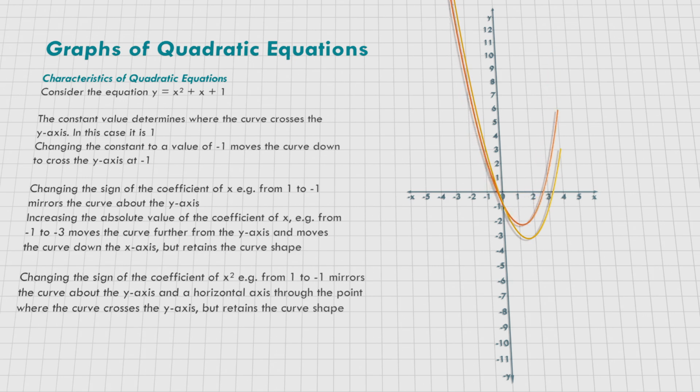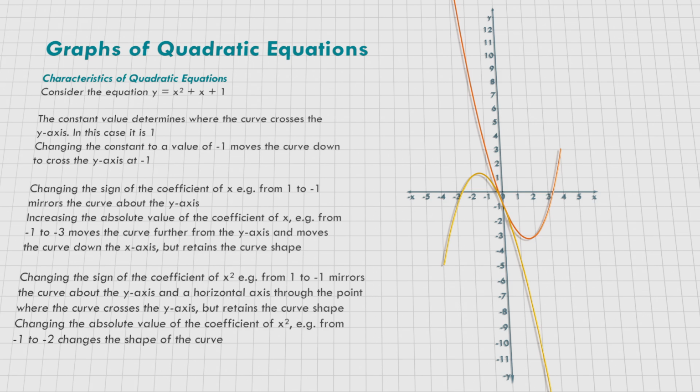Changing the sign of the coefficient of x squared, for example from 1 to minus 1, mirrors the curve about the y-axis and a horizontal axis through the point where the curve crosses the y-axis, but retains the curve shape. Changing the absolute value of the coefficient of x squared, for example from minus 1 to minus 2, changes the shape of the curve.